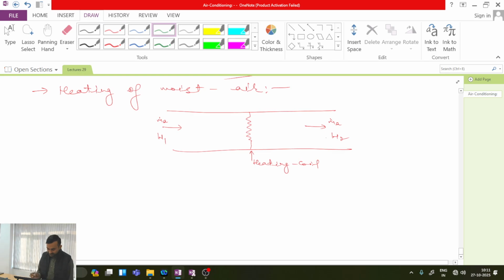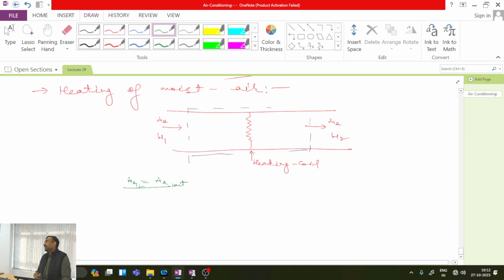Now in this operation, if I apply the mass balance, let us consider this as my control volume. What is happening in this control volume? m dot a is entering and m dot a is leaving, so at inlet and outlet this is the same. In between I only have a heating coil.